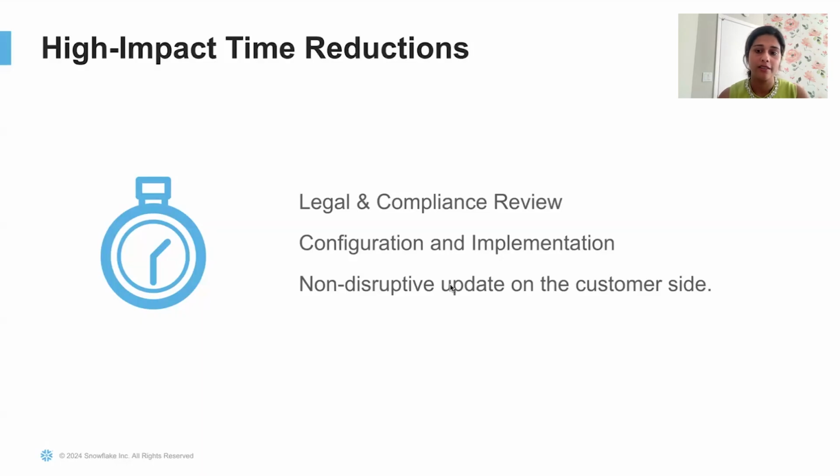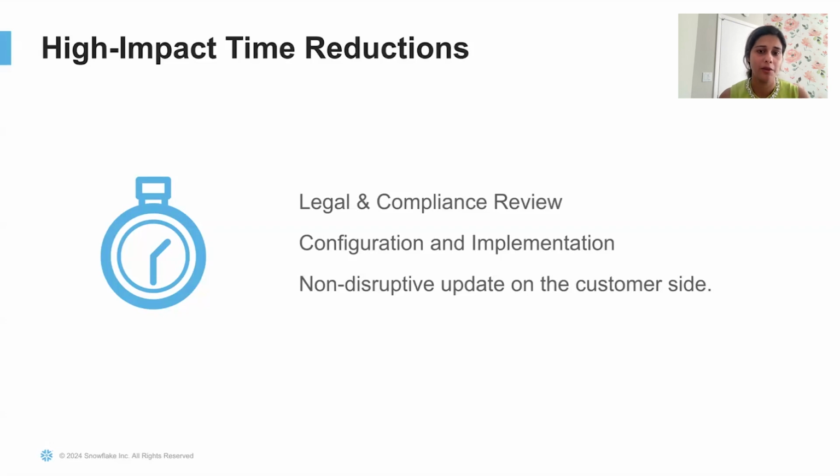The legal review with the data remaining in the Snowflake account reduces a lot of legal burden or back and forth that would happen if you had gone with a typical SaaS model. Not to mention our Snowflake Horizon built-in governance compliance coverage. It also reduces the compliance review timelines. If you had gone through a typical SaaS model, it could have taken you months. Now it comes down to a range of a couple of weeks.